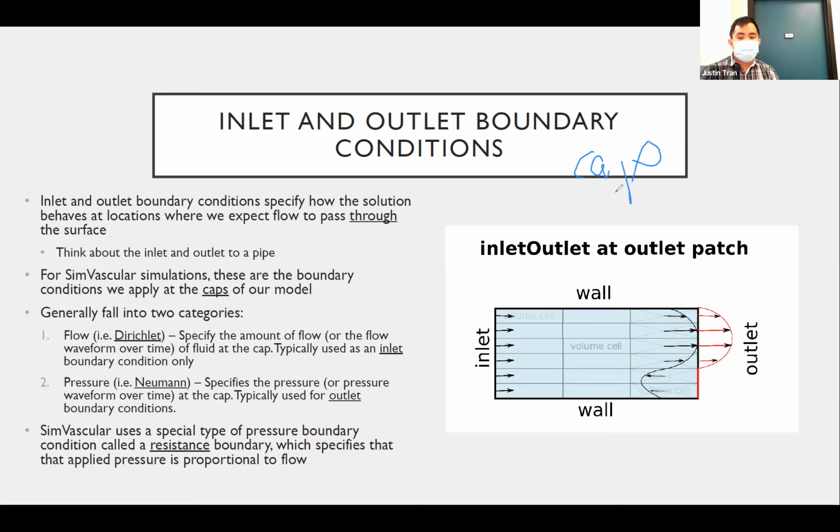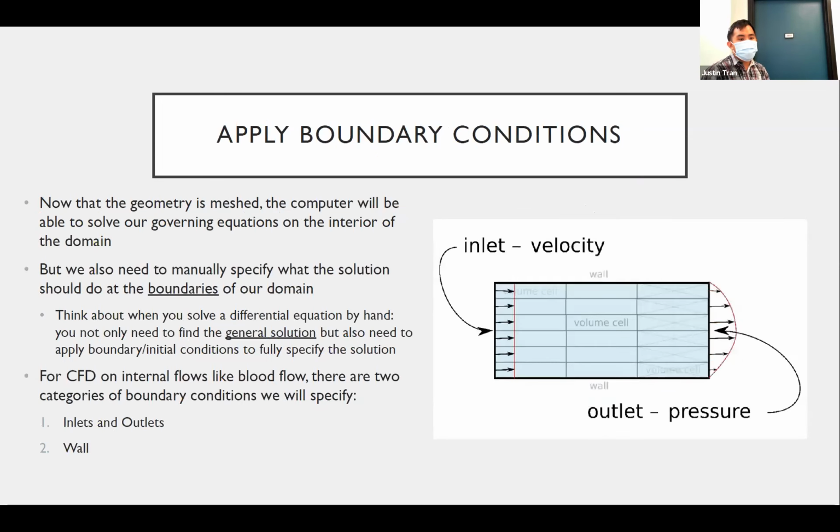That actually has significance. A cap corresponds to the end caps of your model, and we know that blood is going to be flowing through those caps. So the types of boundary conditions that we're going to apply on your caps are going to be inlet or outlet types.